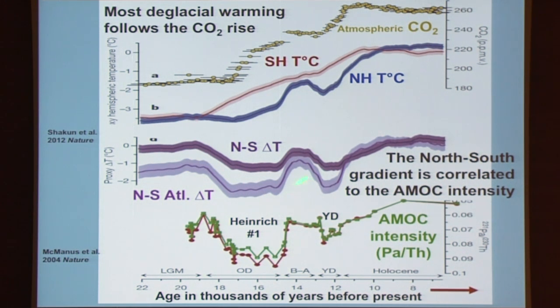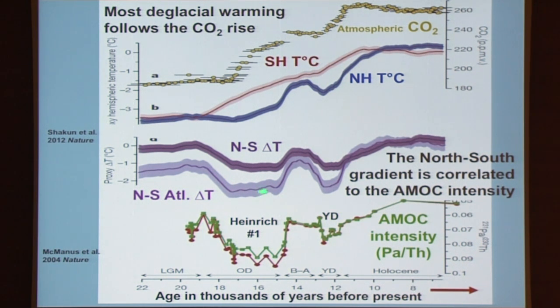And it's even more interesting to plot that only for the Atlantic. This is the north-south Atlantic delta T. And we can compare that, to a first order, with, I could have plotted a C13 curve here in the paper. What we used is a classical proxy for the intensity of the Atlantic meridional overturning circulation, which is the protactinium-thorium ratio.